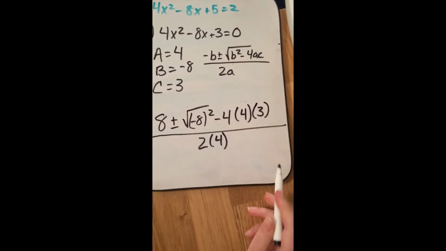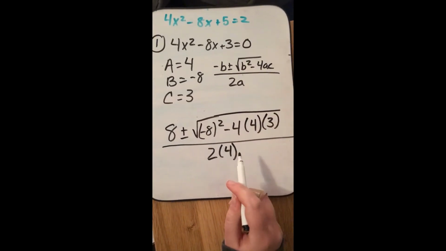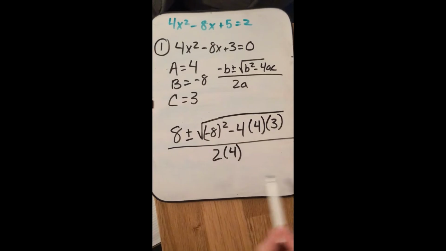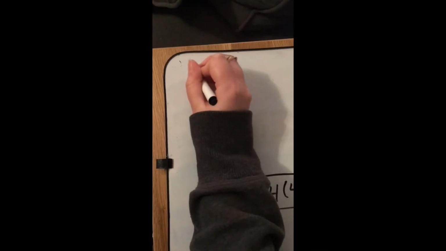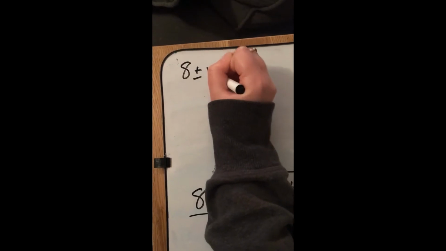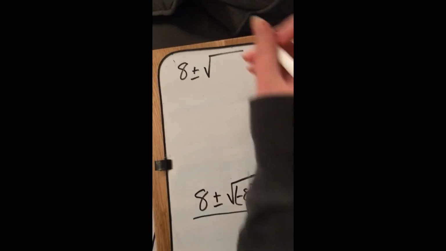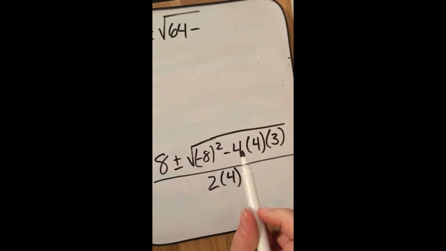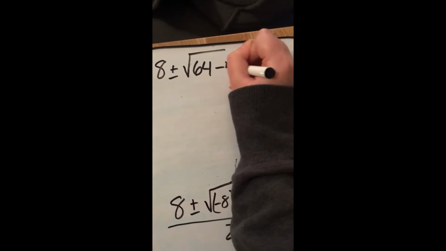So what we're going to have to do is simplify this. If we simplify it, it's going to be 8 plus or minus the square root of negative 8 squared, 64, minus 4 times 4 times 3, which is 48.